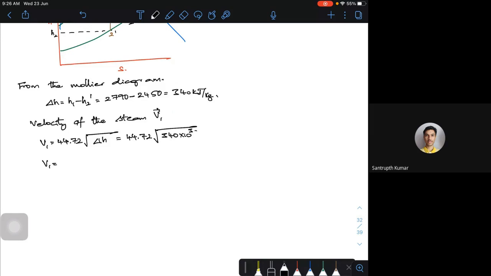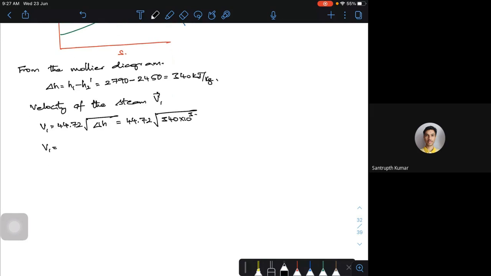Sir, in the previous numerical, when we were calculating velocity, we used to assume V1 is 0 and find V2 using the same formula.